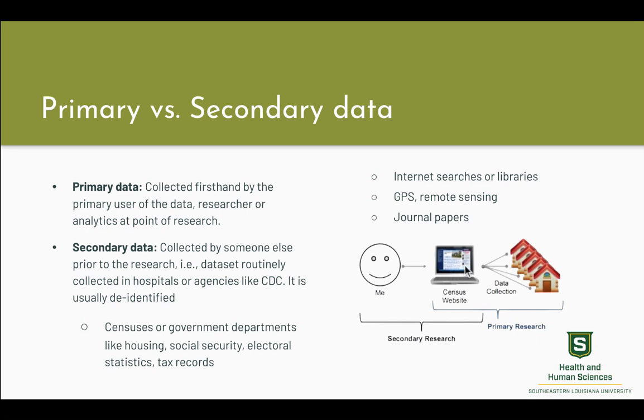Instead, I go into the census website and pull up the information they had already collected from the different people. So if I have a lot of money for my research, I could go directly into the households to pull up this information, which becomes primary data, or I could just go to the census website and pull it up, and that becomes secondary data.